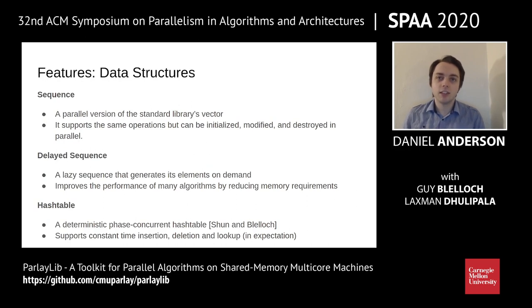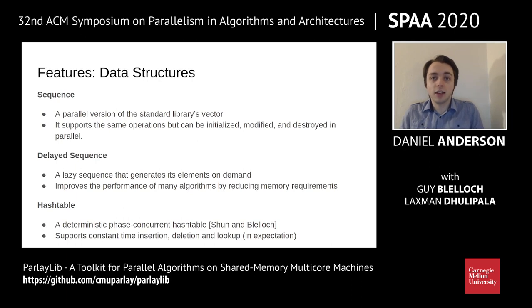We have several data structures. Like I mentioned, we have a parallel sequence, which is like a parallel version of standard vector. It does initialization, modifications, and destruction all in parallel, as well as some other neat features like being able to initialize it from a generator function.